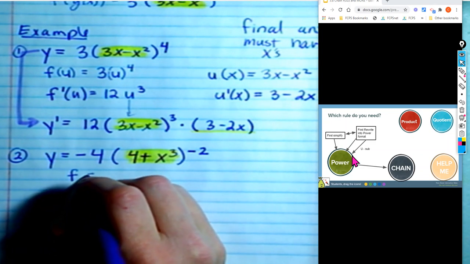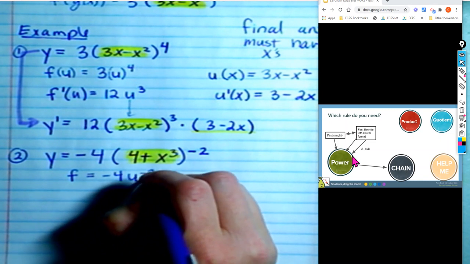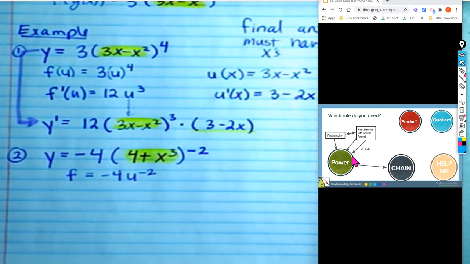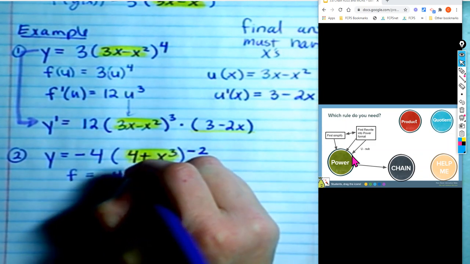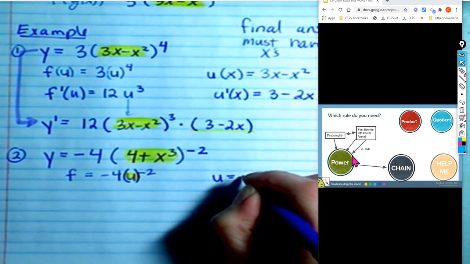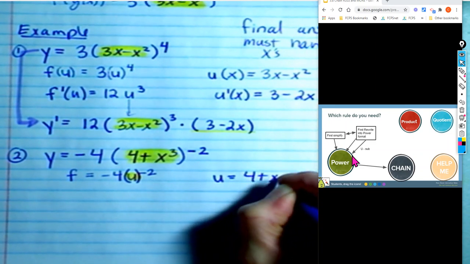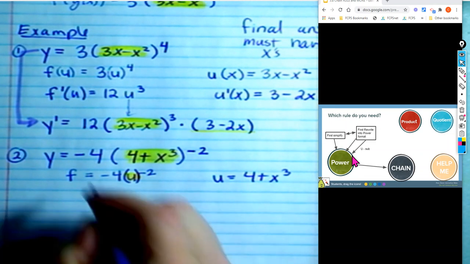f equals negative 4 u to the negative 2. That is just the power rule. Okay, I'm going to leave my parentheses. I think it helps. Okay, u equals 4 plus x cubed. That is just the power rule.